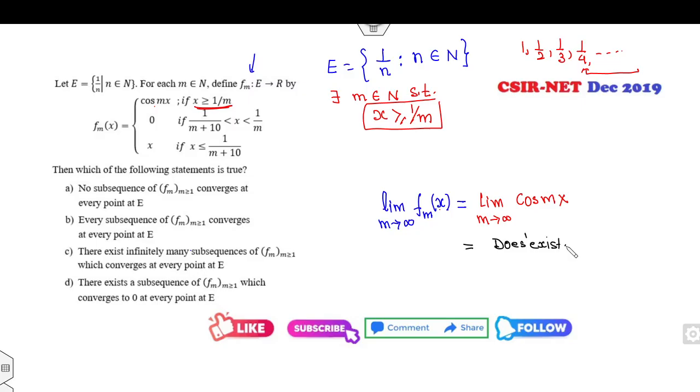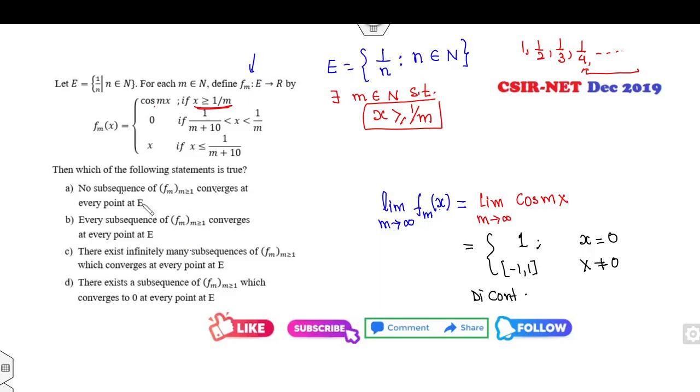Or you can say it depends: if x is equal to pi by 2, or if x is equal to 0, then cos 0 is 1. Otherwise it has some other number which lies between -1 and +1. So clearly this is a discontinuous function.